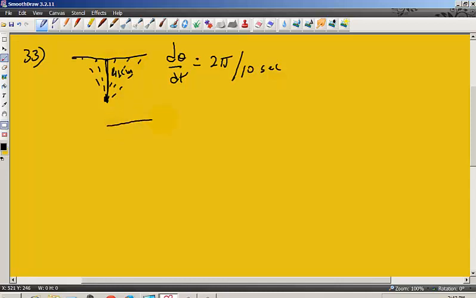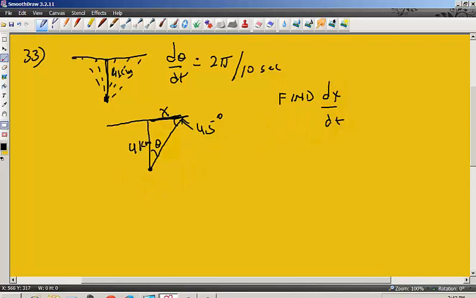If I were to redraw this, it will look like this, when that makes 45 degrees to the shoreline, and that is 4 kilometers. We'll call that theta, so d theta/dt is that. We'll call this x, and we want to find how fast that is moving, so we want to find dx/dt.